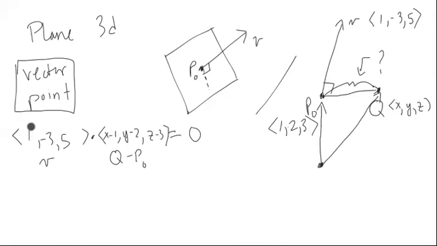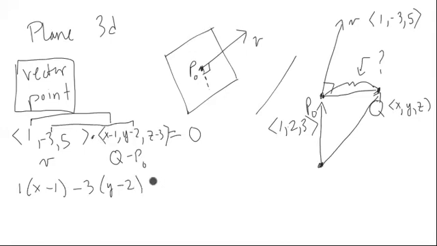So we multiply component-wise, and then we add the results. So we get 1 times X minus 1, minus 3 times Y minus 2, and plus 5 times Z minus 3 equaling 0.